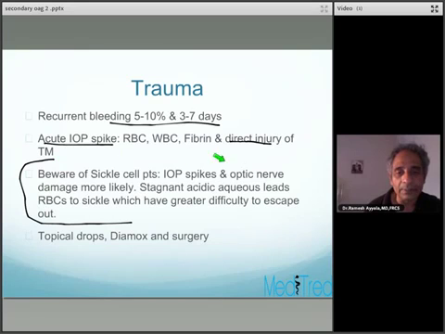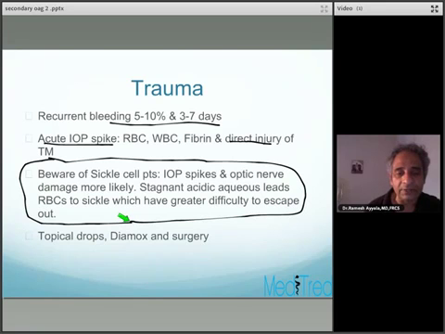So make sure that you ask for the sickle cell status of these patients, and if they have a particular propensity to have sickle cell, for example, in the US, anybody who's of African American descent, anybody who's from Mediterranean ancestry, we ask for sickle cell, and we do screen them for sickle cell if the patient himself or herself does not know the sickle cell trait.